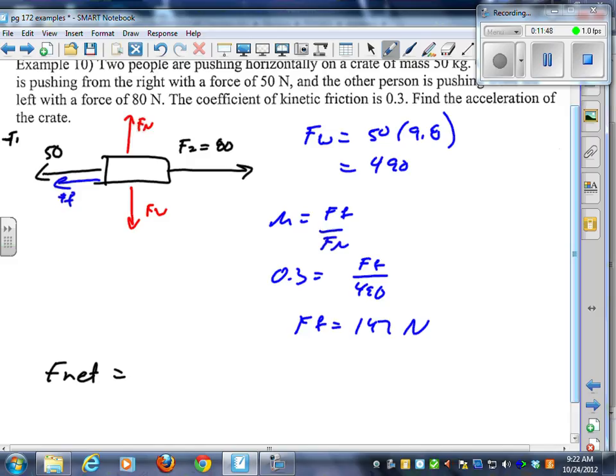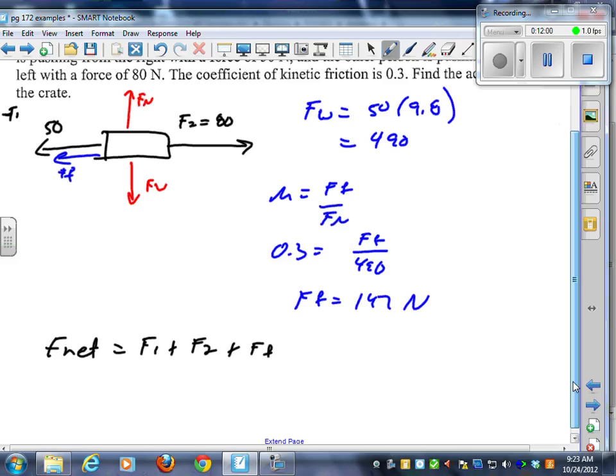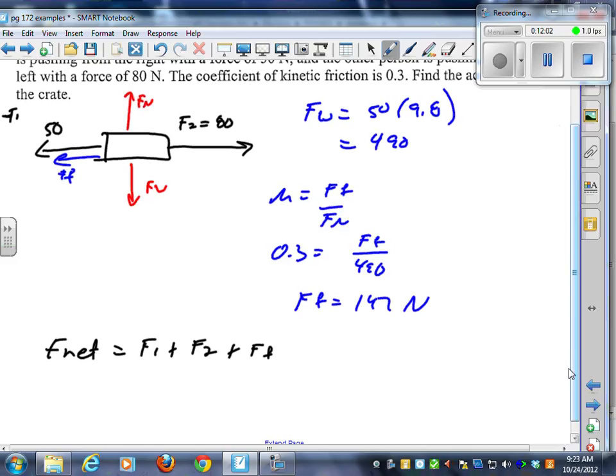So my net force is going to be F1 plus F2 plus FF. My horizontal net force is the sum of all the horizontal forces, the F1, the F2, and the friction. F1 is going to be minus 50, F2 is going to be plus 80, but my friction force is minus 147.